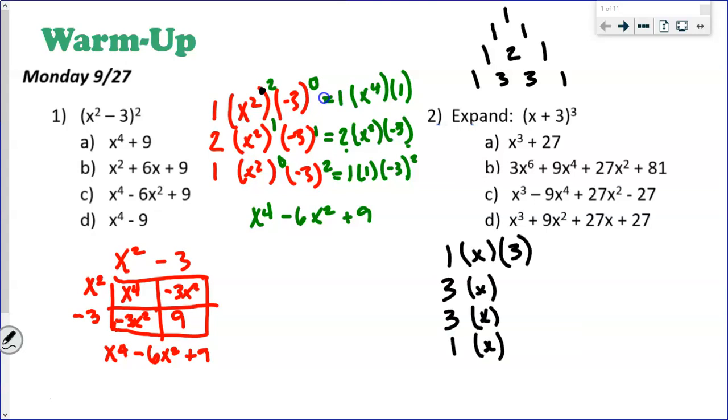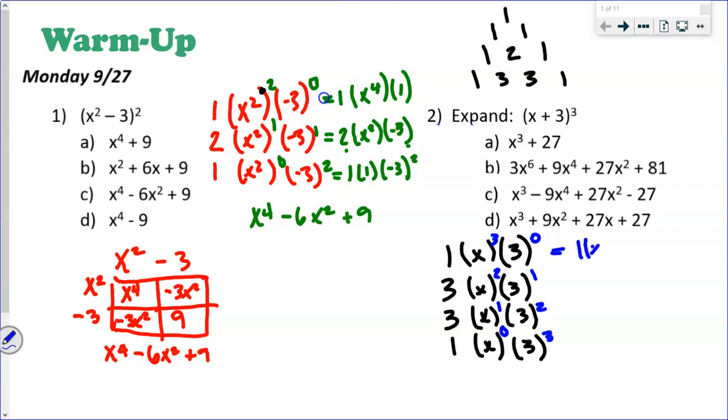Going to put our first term in parentheses, and then we're going to put our second term in parentheses. Now this time, we're going to do it in descending order, 3, 2, 1, 0, and then 3, 2, 1, 0, like that. Remember, those exponents should add up to be 3.